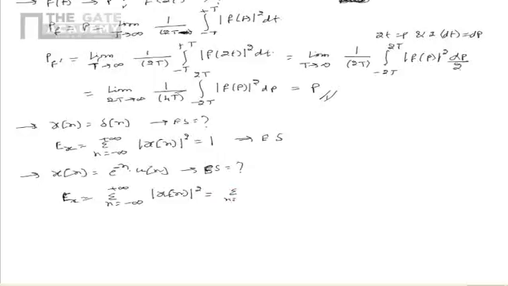This is equal to sigma n equal to 0 to infinity e power minus 2n. Upon simplification, we see that this can be written as 1 by 1 minus e power minus 2, because this is a sum of infinite terms. So the energy is finite and positive. As the energy of the signal is finite, we know that the given signal is energy signal.